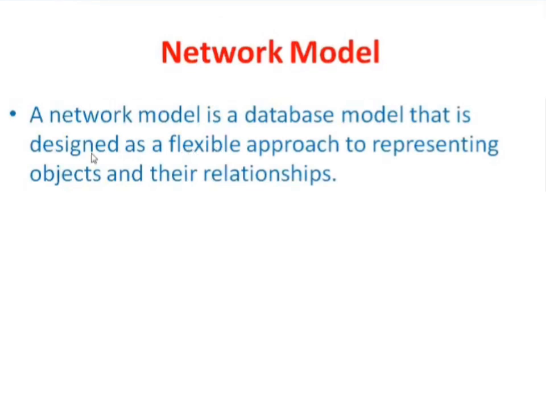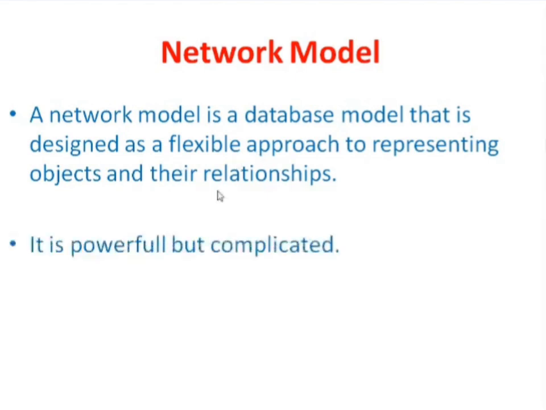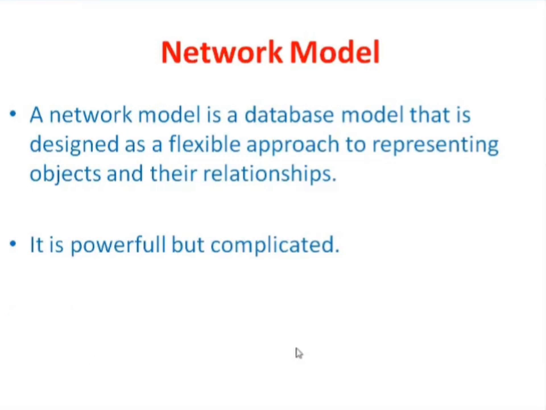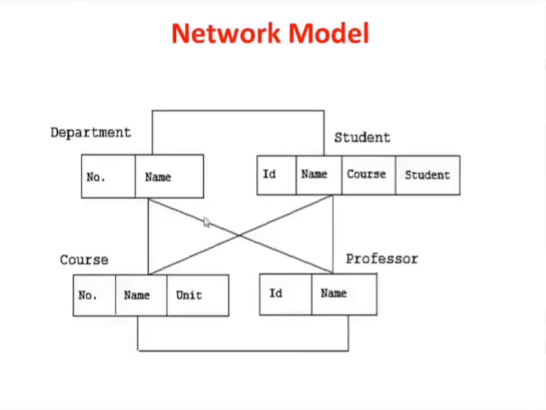It is a very flexible approach to representing objects and their relationships. Though it is flexible, it is very confusing. As I told you, it is powerful and a bit complicated. This looks like a graph. The relationship types are arcs and object types are nodes. This is the relation between this table and this table, and the relationship is established through the arcs.